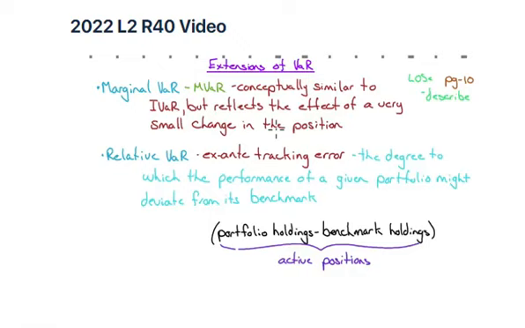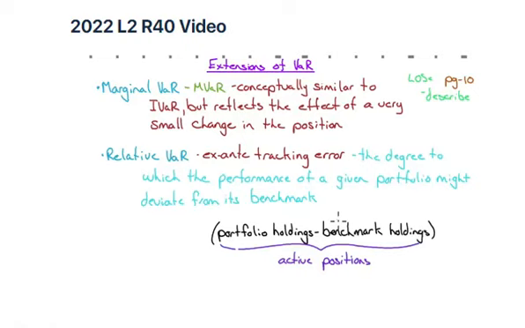And relative VaR, or what's called ex ante tracking error, is the degree to which the performance of a given portfolio might deviate from its benchmark. Imagine a portfolio that holds all of your holdings, and then you take the benchmark, and this imagined portfolio takes all the benchmark holdings as short positions.